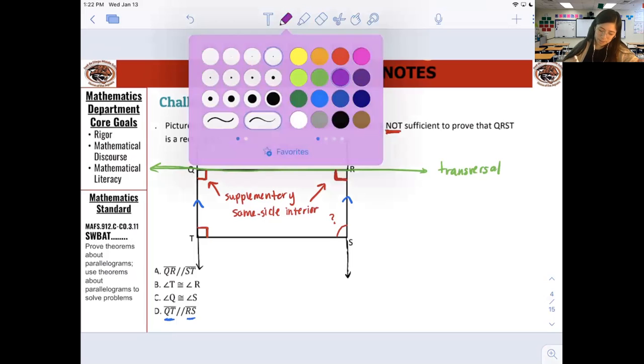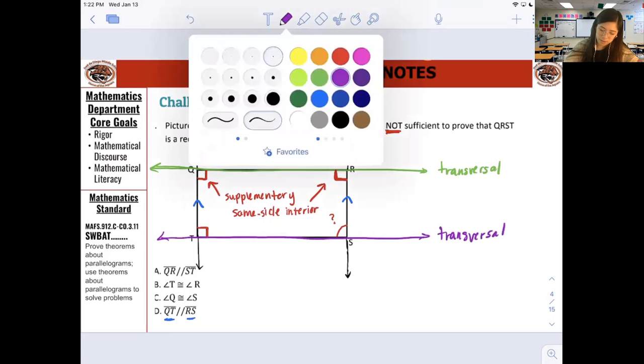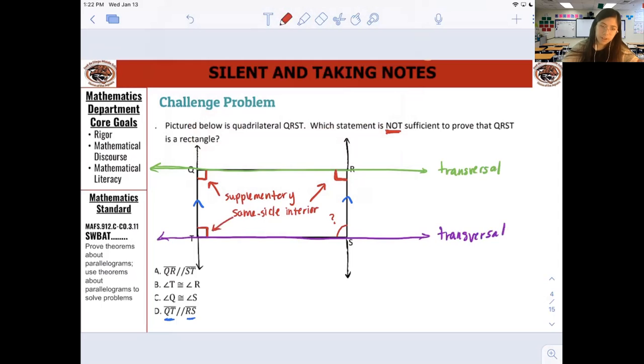And the same thing can happen down here, hold on. That can be another transversal, which would mean that this angle over here would also be a same side interior angle to that one over there. So if one of them is 90, the other one has to be 90, okay?